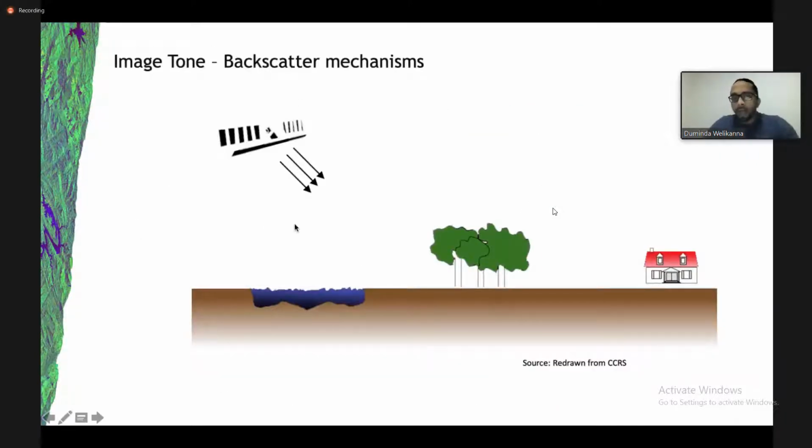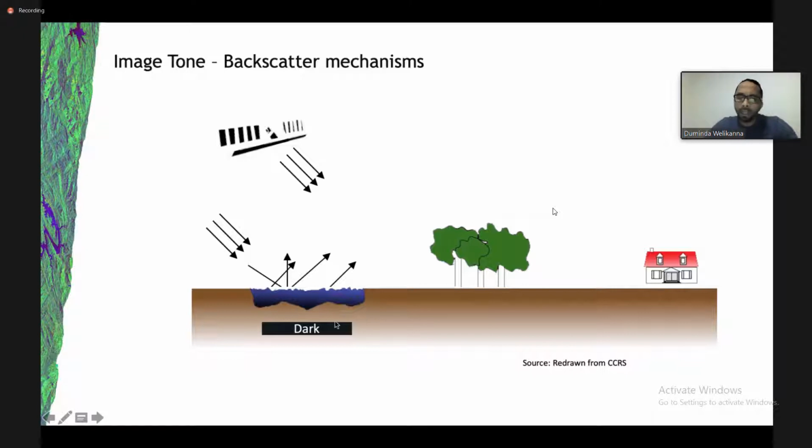Now, I'm going to talk about the basic elements that you have to understand for satellite image processing. So now just look at these properties that can occur when a sensor passes on top of a particular area on the Earth. This is an active sensor. That means it sends energy and tries to record whatever comes back to the sensor.